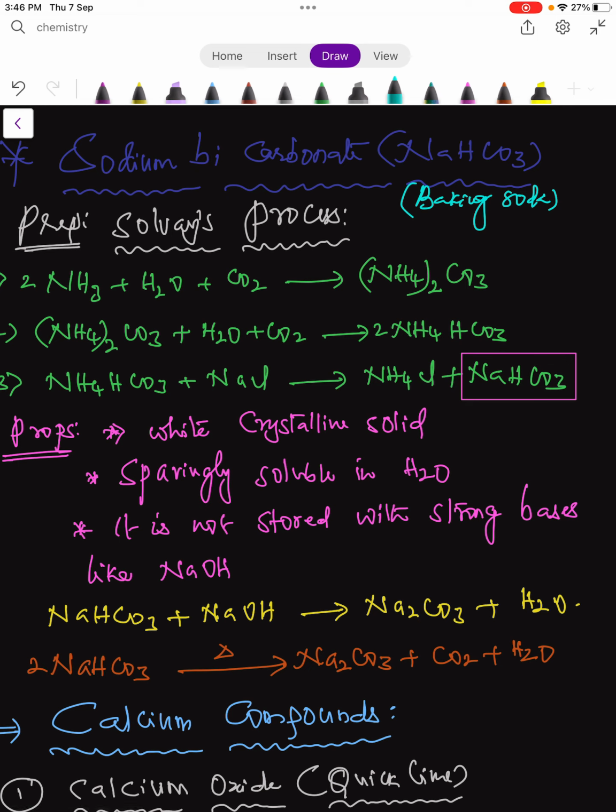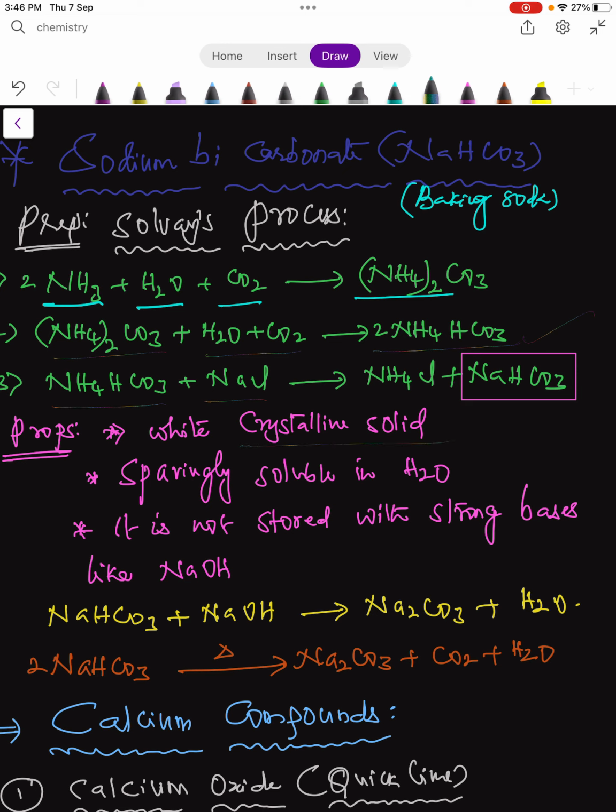Here, sodium bicarbonate is also prepared from the Solvay process. In the first 3 steps, ammonia with H2O and CO2 forms ammonium carbonate. Next, the carbonate again reacts with CO2 and H2O, forming bicarbonate. Bicarbonate treated with NaCl gives sodium bicarbonate.